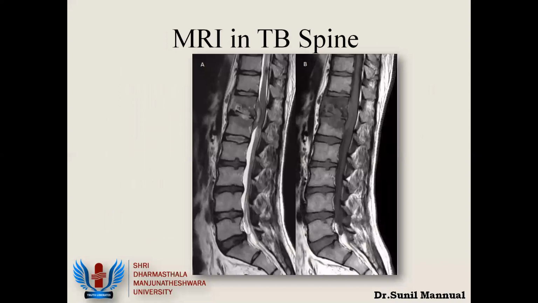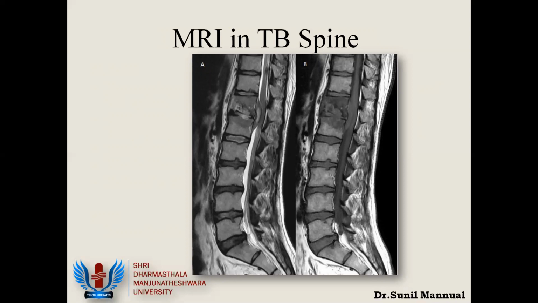Moving on to MRI, MRI is the investigation of choice. If we can move to slide number 18, MRI will clearly show us the level of vertebral involvement and the level of intervertebral disc involvement. It will also show us how much pressure there is on the spinal cord. None of this information we would have got from the X-ray.